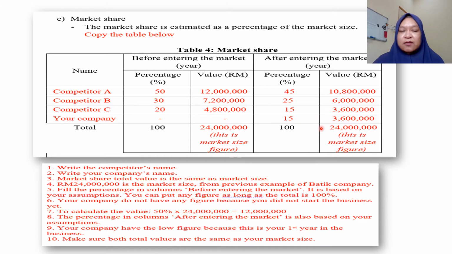Then you calculate, still with 24 million as the market size, the value for each business. 45% times 24 million is 10 million 800,000. Your company, 15% of the market, will get 3,600,000. You can read the instructions and elaboration here.